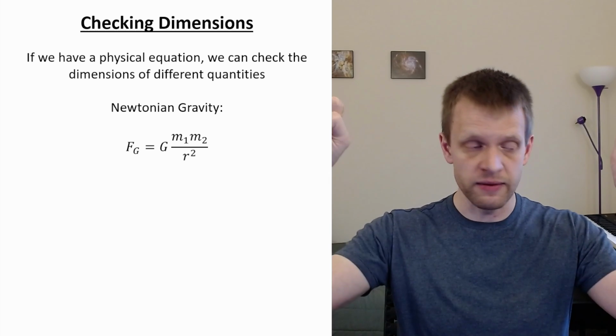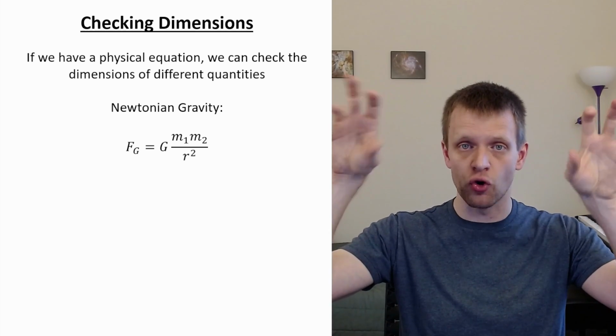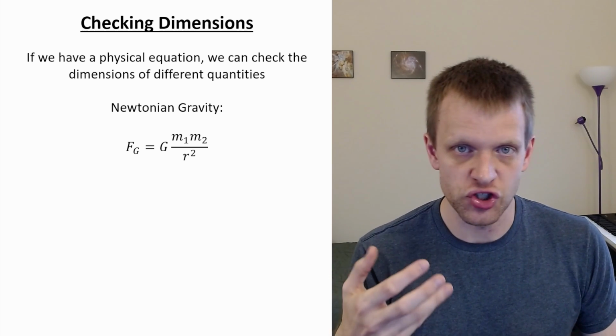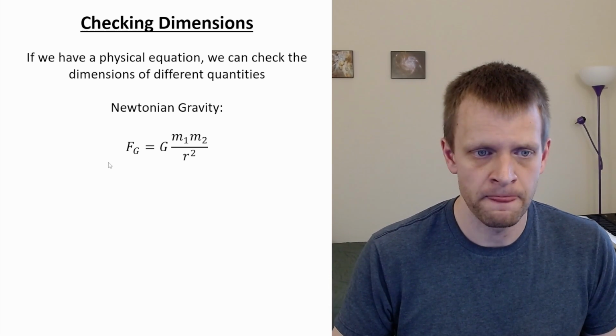Okay. So if I change the values of those masses, or if I move those masses closer together or further apart, this allows us to calculate the strength of that force of gravity.